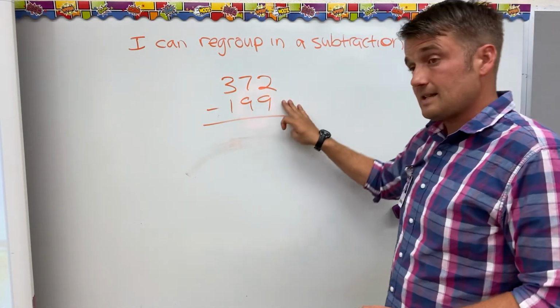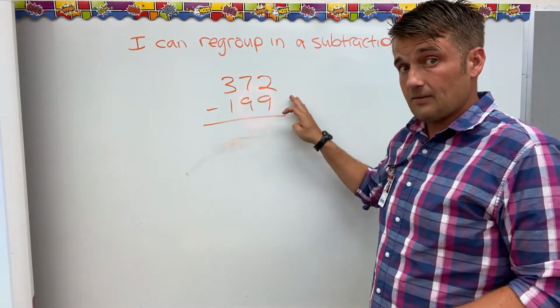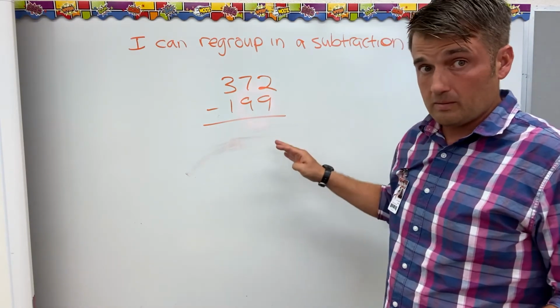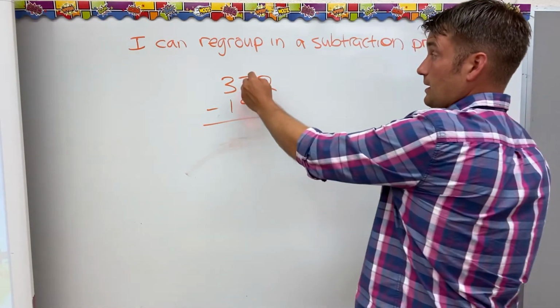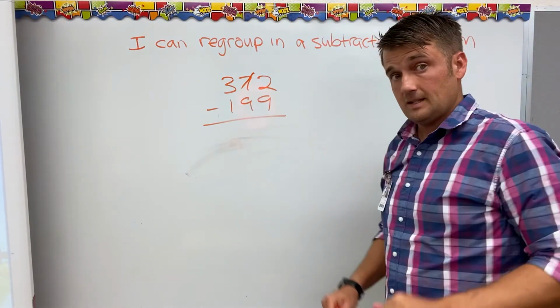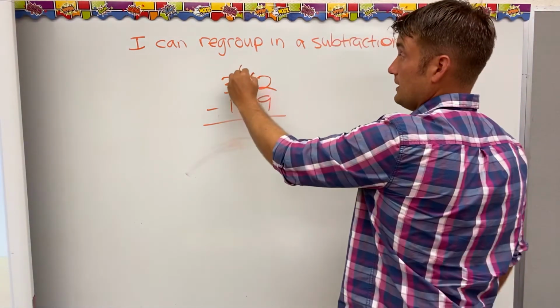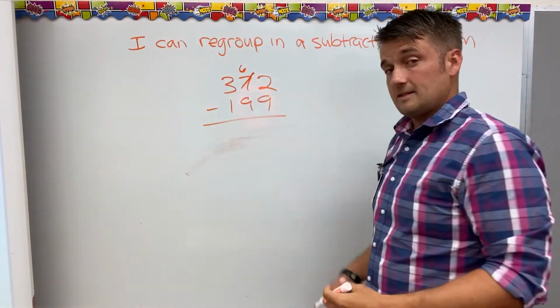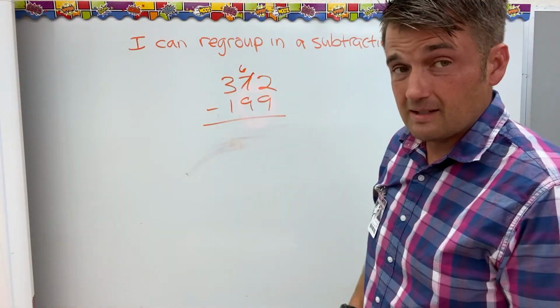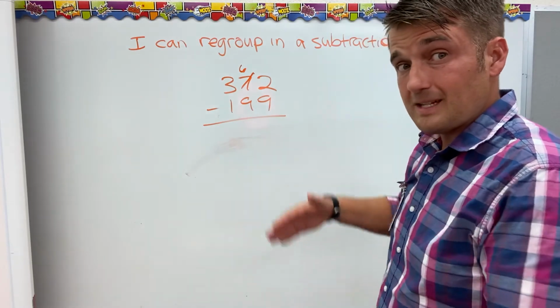So 2 minus 9. If I have 2, I can't give away 9. Bigger bottom, better borrow. I'm going to borrow from the 7. The 7 is going to go down 1 to 6. And it's really, 7 in the tens place is 70. Now it's 60. It's losing 10.